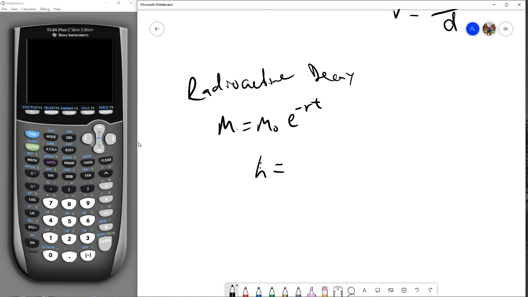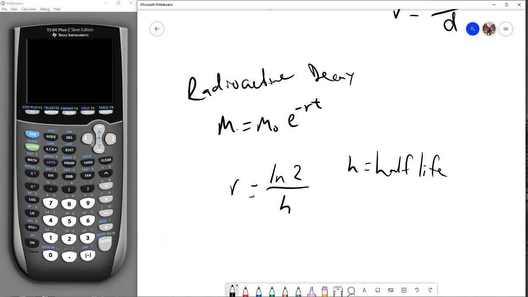So we had this relationship between half-life and our rate r, and it will also look very similar. So our radioactive decay rate r is going to equal natural log of 2 over h, where h is our half-life. So that's the relationship. We talked about all of that.